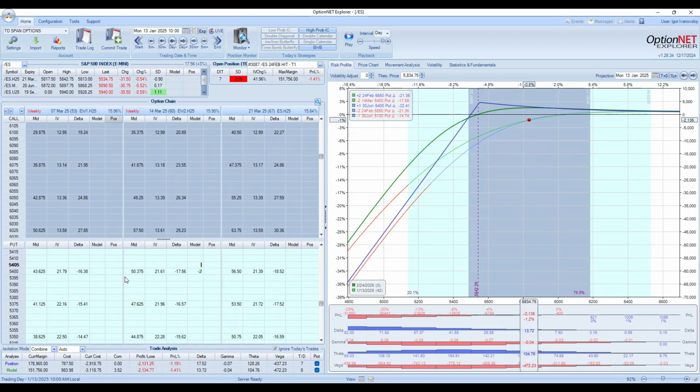These puts at the 5,400 are going to lose a lot of this $50 premium quite fast, so that's going to work in my favor. And my put debit spread is going to lose some of that value as well, but that's okay too. I'm focused on my short naked puts because that's the income generating part of my business.